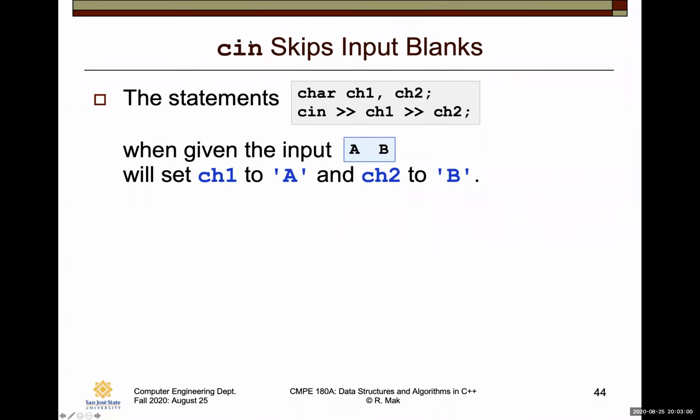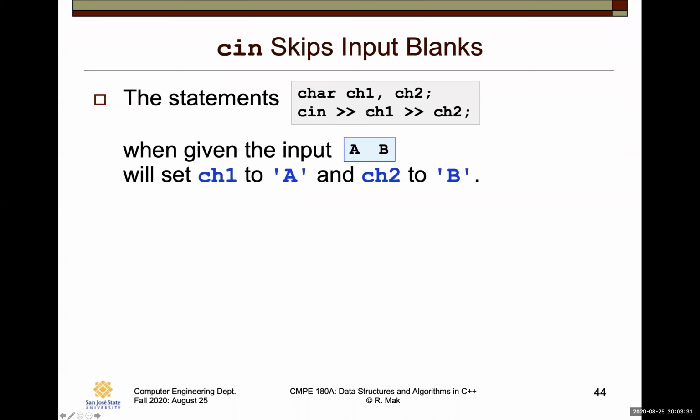CIN. When we use the extraction operator or the input operator to read in values, I mentioned that the values should be separated by one or more blanks. So let's say that ch1 and ch2 are both char variables, and here's the input, a, at least one blank, b.